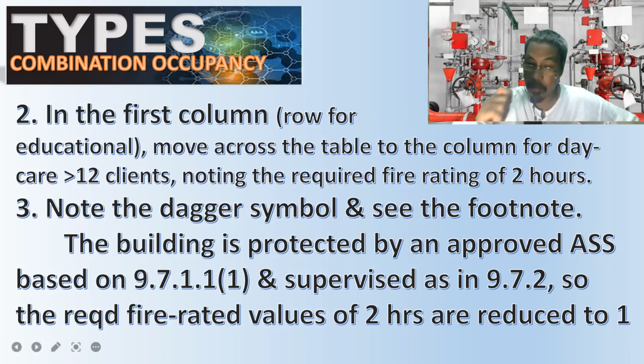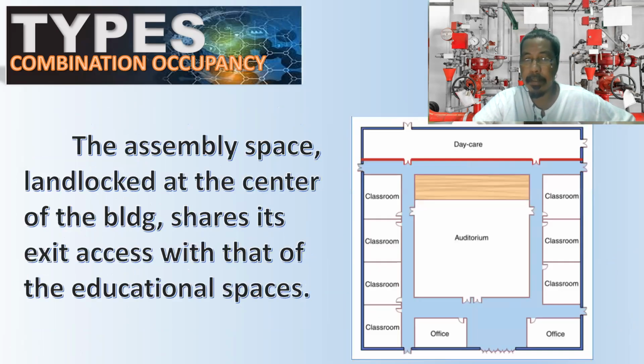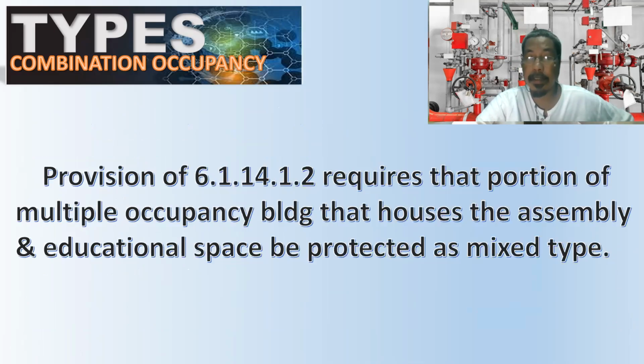If we use an automatic sprinkler system, we can reduce it to 1 hour. But if there is no automatic sprinkler system, that is 2 hours. So this one, the red portion, 2 hours.